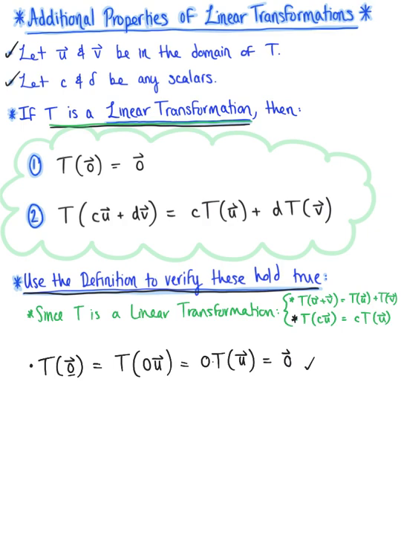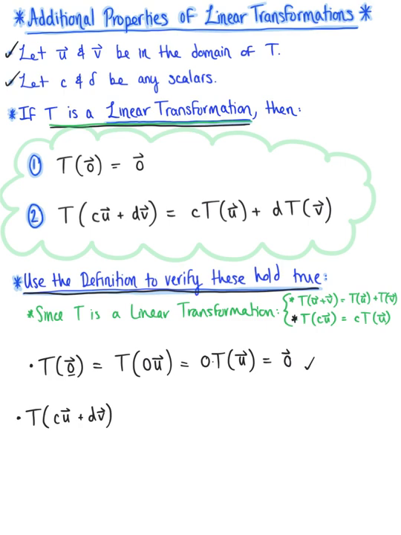Woohoo! Now, let's go through the verification for our second property. Here we want to verify that the image of this linear combination of scalar multiples under the action of T is going to be equal to the sum of the scalar multiples.